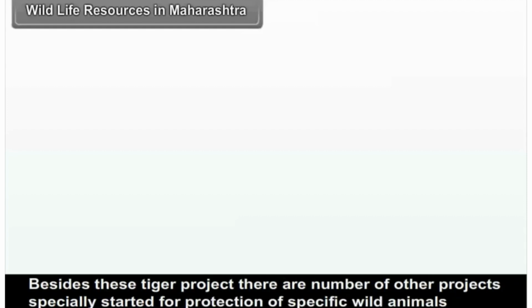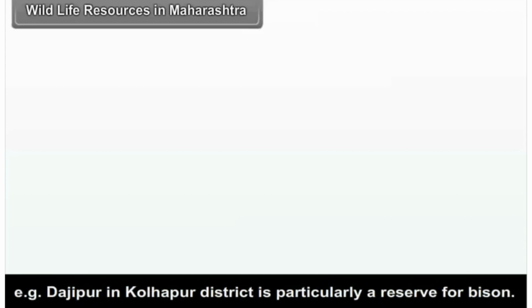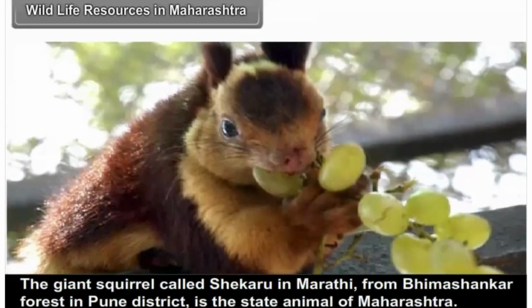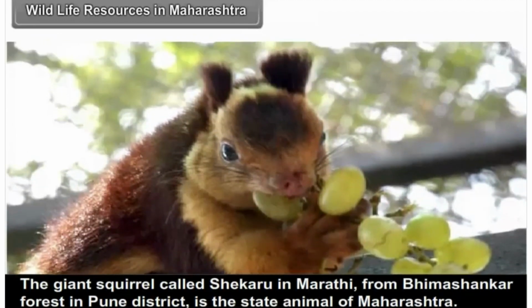Besides these tiger projects, there are a number of other projects specially started for the protection of specific wild animals. For example, Dajipur in Kolhapur district is particularly a reserve for bison. The giant squirrel called Shekru, or Shekaru in Marathi, from Bhimashankar forest in Pune district is the state animal of Maharashtra.